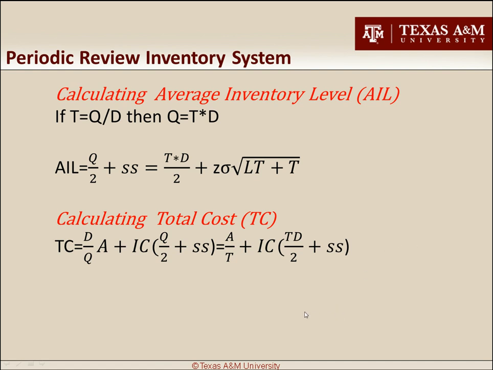So the only thing you need to know is that there is a relationship between T and Q, which is T equals Q over D, or Q equals T times D, and then you can use the earlier continuous review formulations to calculate the results.